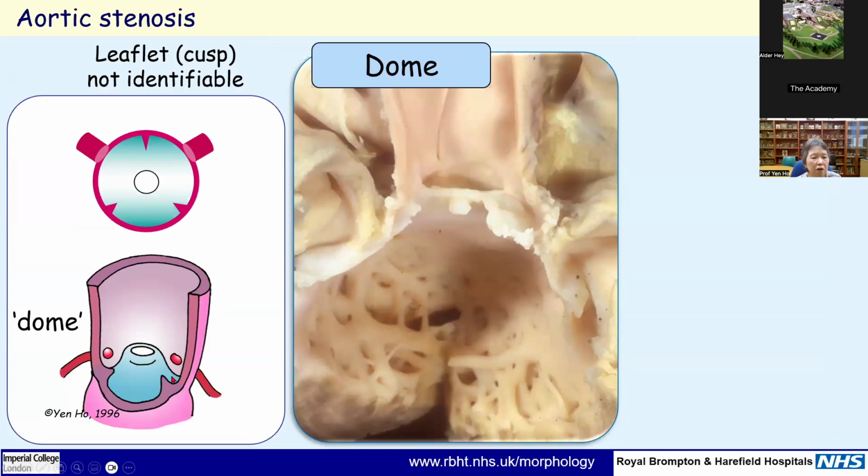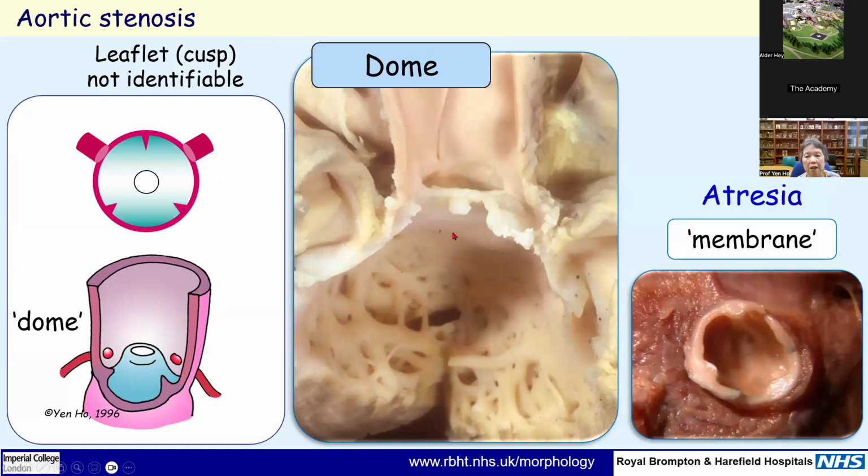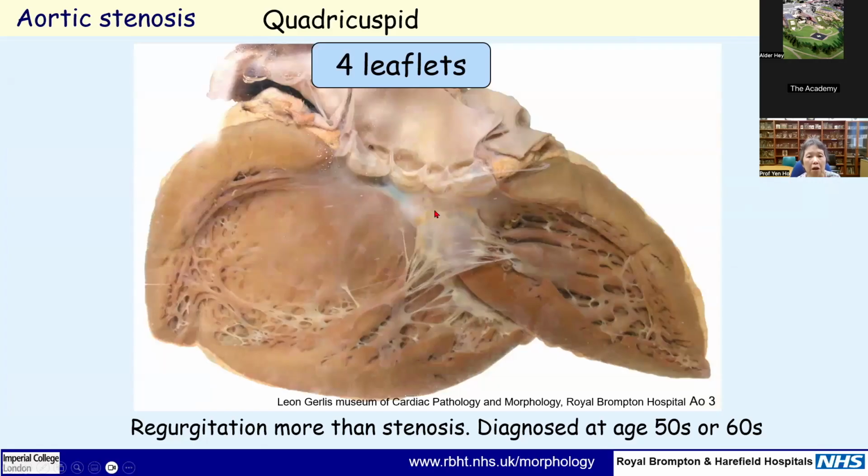So figuratively, it's depicted as here. This is just an example. Then you may have even an atretic membrane blocking off the exit from the ventricle below. And in our museum, we have a 4-leaflet configuration even. And these are said to form more regurgitation than stenosis.